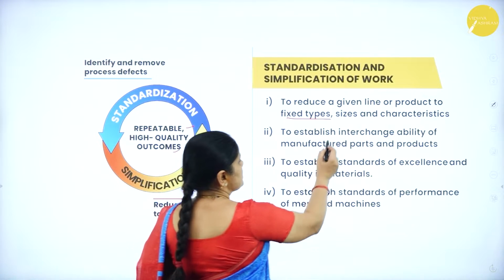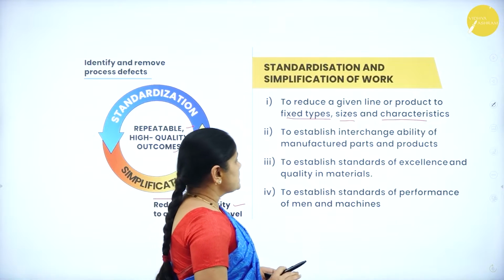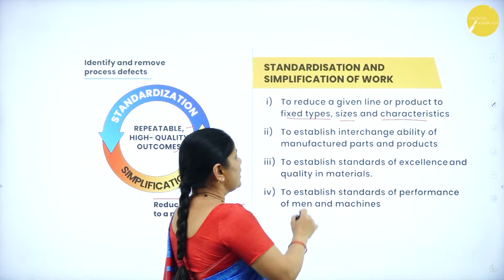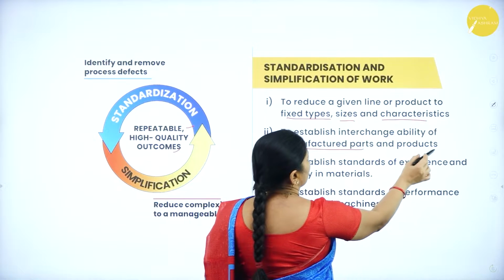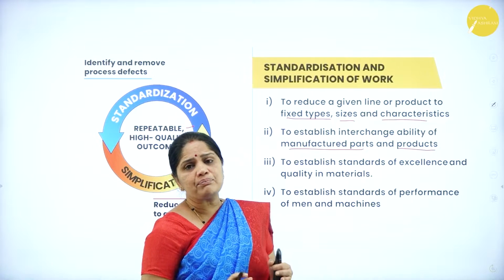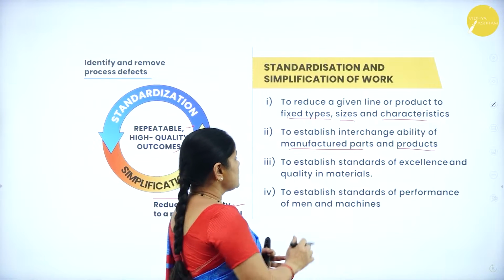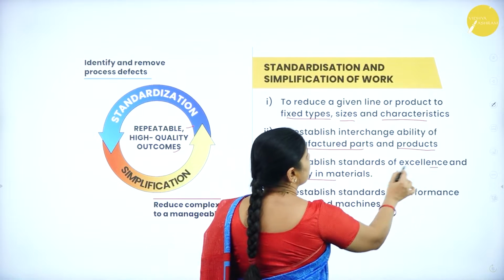So you have the same fixed types, sizes and features. Then to establish interchangeability of manufactured parts and products. You have to see that the manufactured parts and products are interchangeable. Then to establish standards of excellence and quality in material.